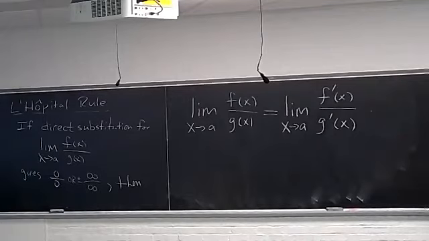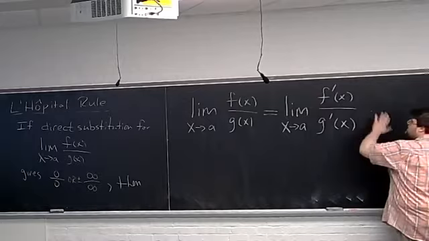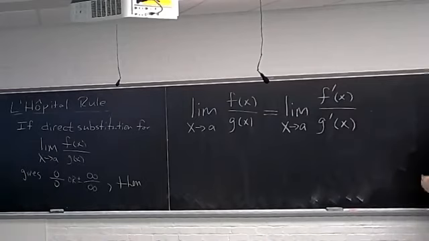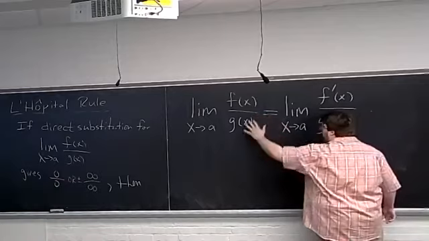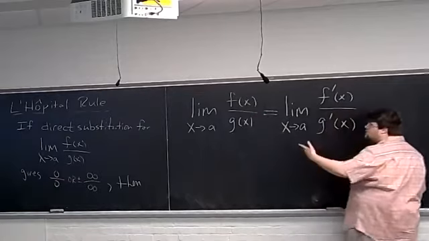So if a direct substitution argument gives you a 0 over 0 or an infinity over infinity with either sign on the infinities, then the limit in question equals this new limit, the limit of the derivative of the top divided by the derivative of the bottom. So notice here, we're not saying take the derivative of the whole thing, meaning there's no quotient rule.